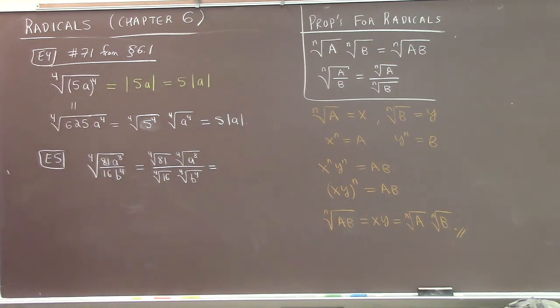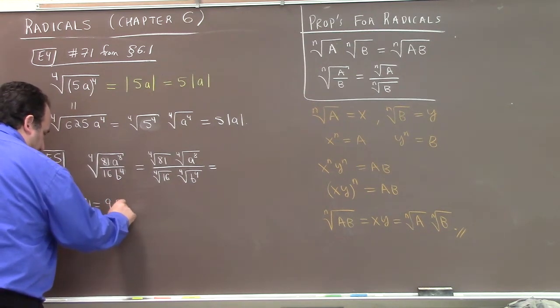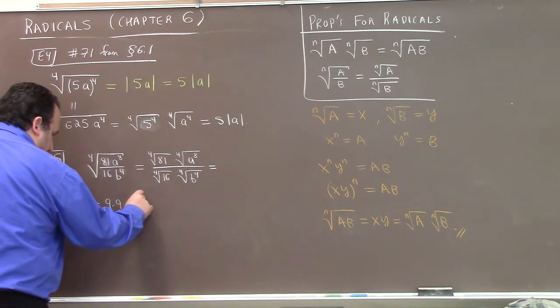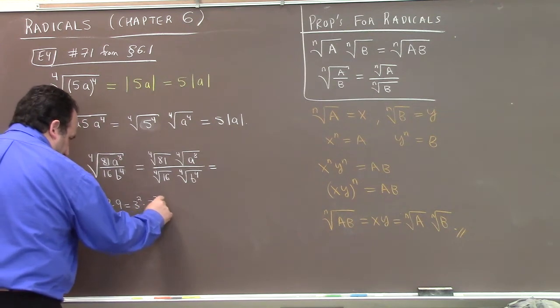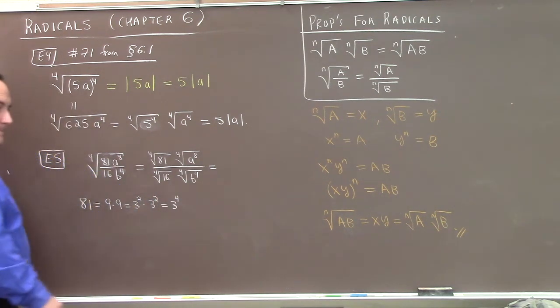So what is the fourth root of 81? What is 81? 81 is 9 times 9, right? Which is 3 to the 2 times 3 to the 2. So 81 is actually 3 to the fourth power. And so what is the fourth root of 81? It's just 3. So we get 3.